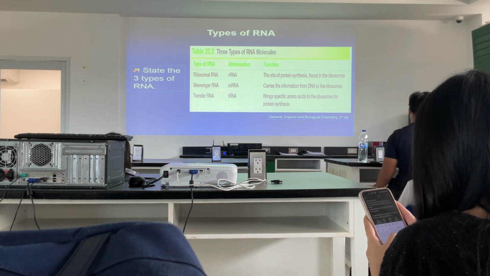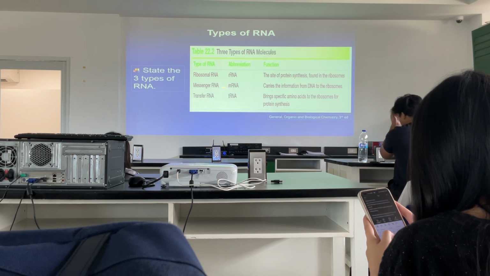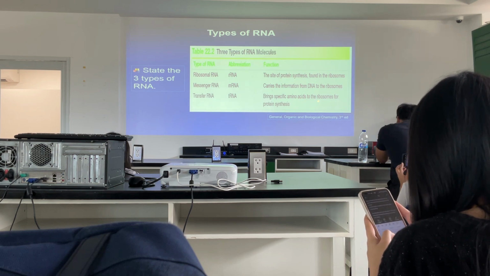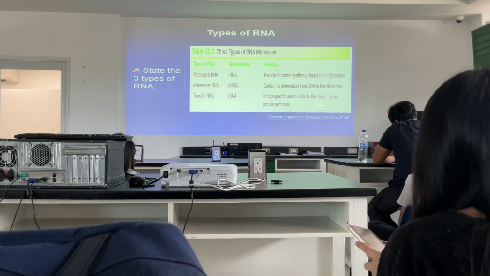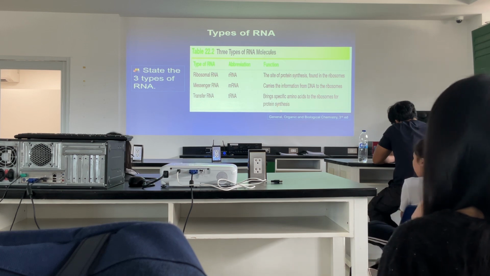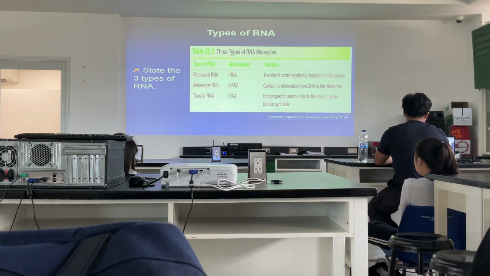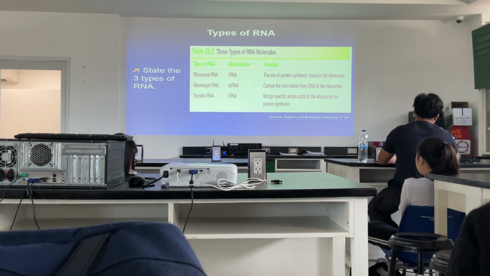Then your transfer RNA, this is what we call an adapter molecule. It brings specific amino acids to the ribosome that will be utilized now in the synthesis of protein. That's the role of tRNA.